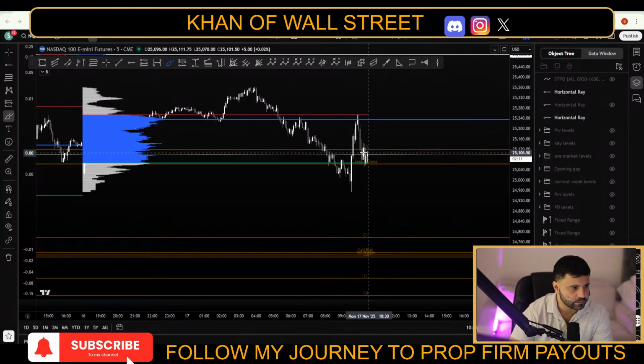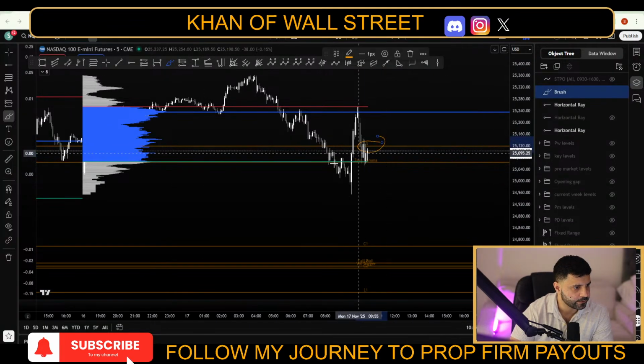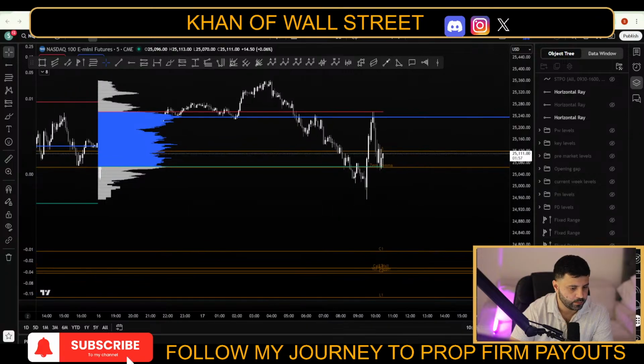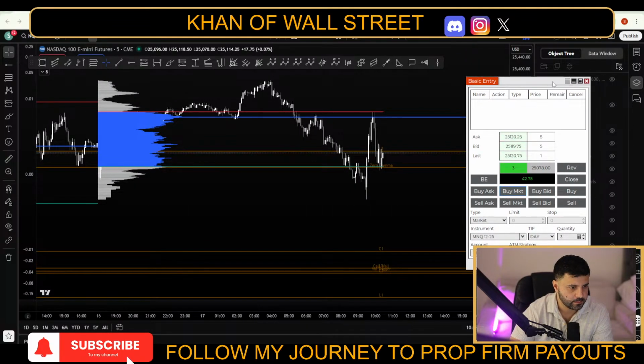But right now, we're struggling at this gamma exposure level, man. See this line here? We can't get above it. Struggling. But we take it easy. Let's see. 45, 46.